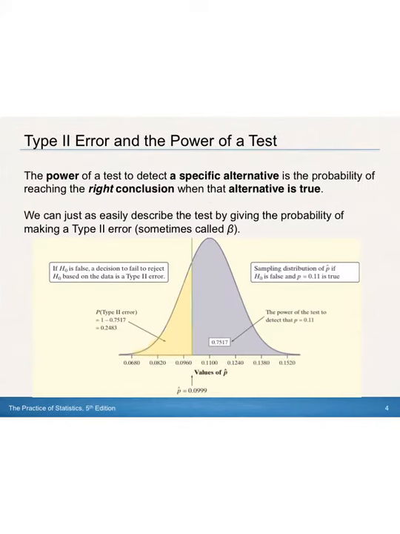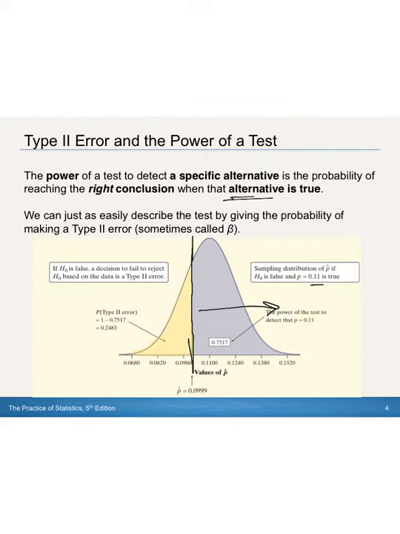In the previous slide, a calculation was made of a cut point of 0.0999. Anything above that was going to be considered statistically significant. Now this distribution looks different because this distribution has to do with the assumption that the alternative is true. And so we have a distribution not of 0.08, but of 0.11.